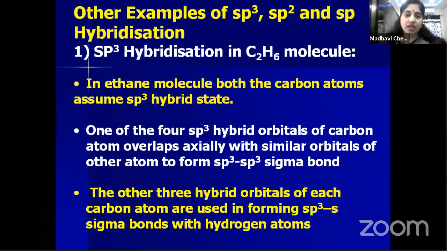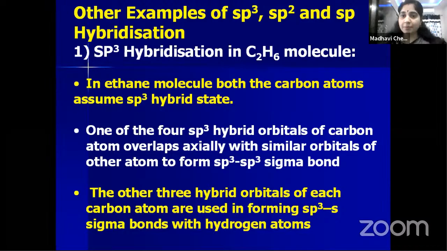Okay, so now see, after that, one of the 4 sp3 hybrid orbitals of a carbon atom overlaps axially with the similar orbital of the other atom to form an sp3 sigma bond. What is it, children? Each carbon has undergone sp3 hybridization and has formed 4 sp3 hybrid orbitals.